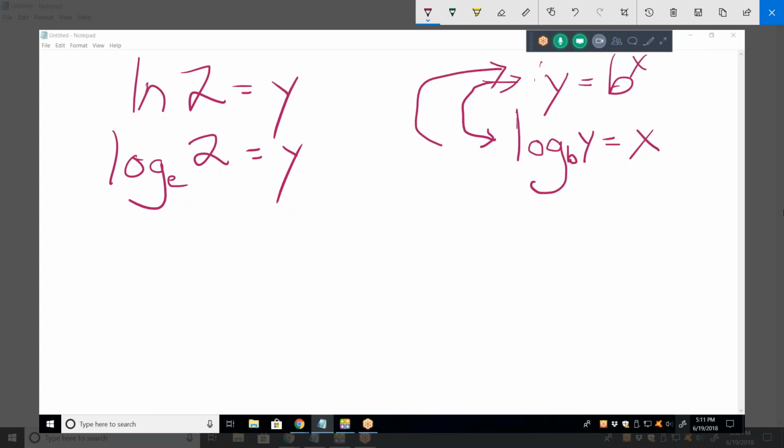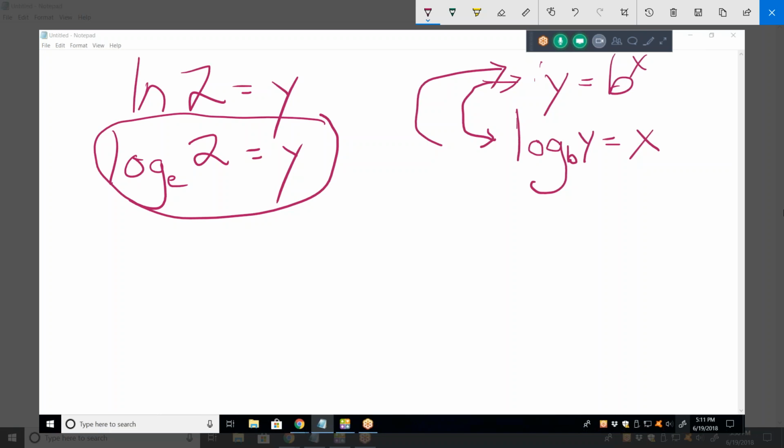They want us to put it in the exponential expression. So, what is the exponential expression of that? Okay, so converting it to the y equals b to the x is what we're trying to do. Yeah, exactly.